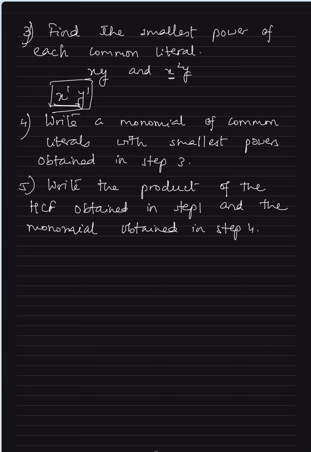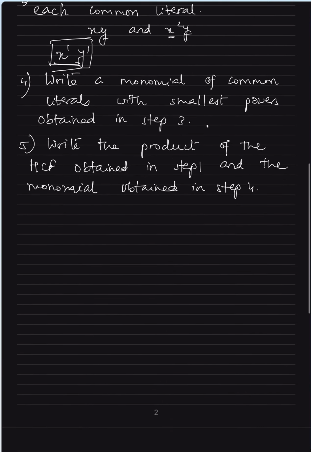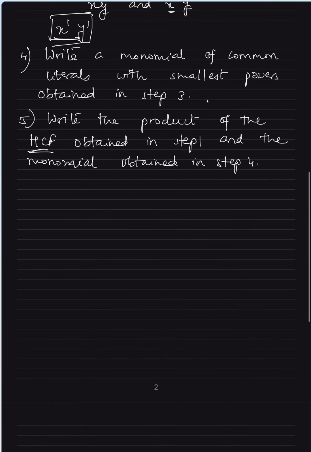That is, here the monomial we will get with the literals, so we have to just multiply it with the HCF obtained in step 1. What was step 1? The numerical coefficients. So these are the thumb rules which you need to follow to factor monomials, that is, two or more monomials.